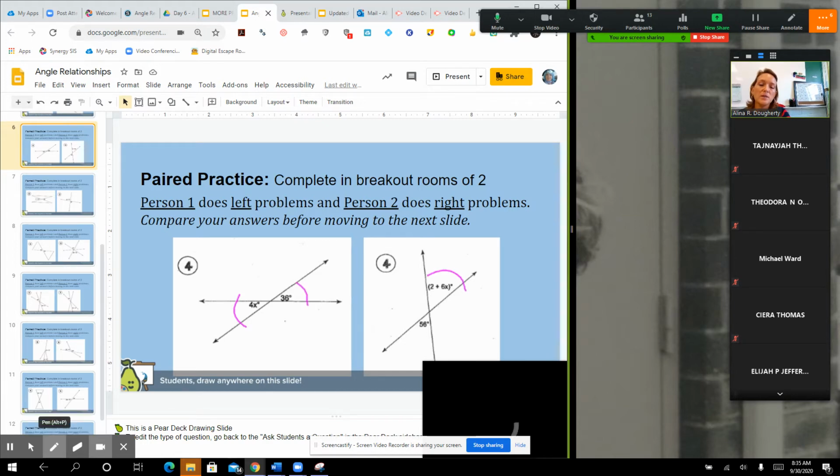We've got vertical angles in both problems. So you want to set them equal to each other. 4x equals 36 or 56 equals 2 plus 6x. And then you want to solve them. So x is going to equal 9 on this side, and then you would subtract 2 from both sides and get 54 equals 6x, and x equals 9.